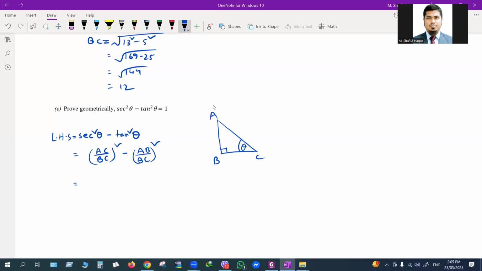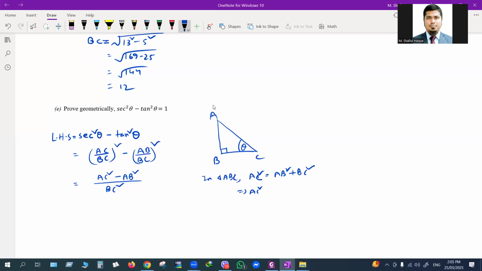So we can write AC square minus AB square divided by BC square. Now AC square minus AB square: in triangle ABC, AC square is equal to AB square plus BC square.